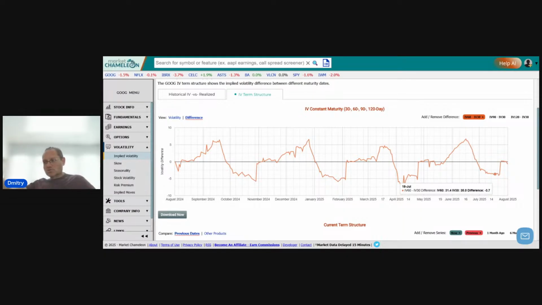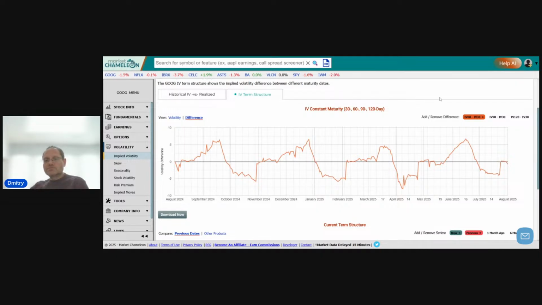Well, 20 minus 25, you'll get a negative, so it'll be below. So you could see that it fluctuates around zero too. That means the term structure is moving around. Sometimes the shorter dated options are lower than the longer term. Sometimes they're higher. So this shows us where we are now and where we were historically and how far apart they got, right? How far the distances got.